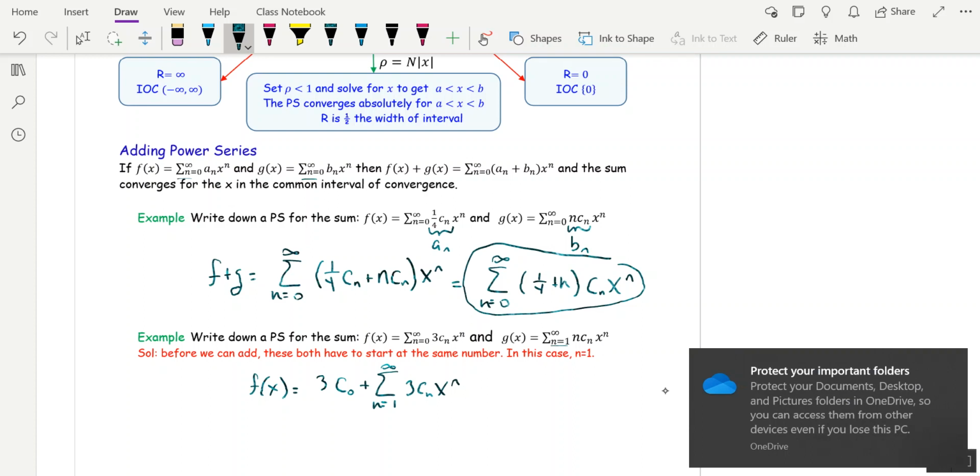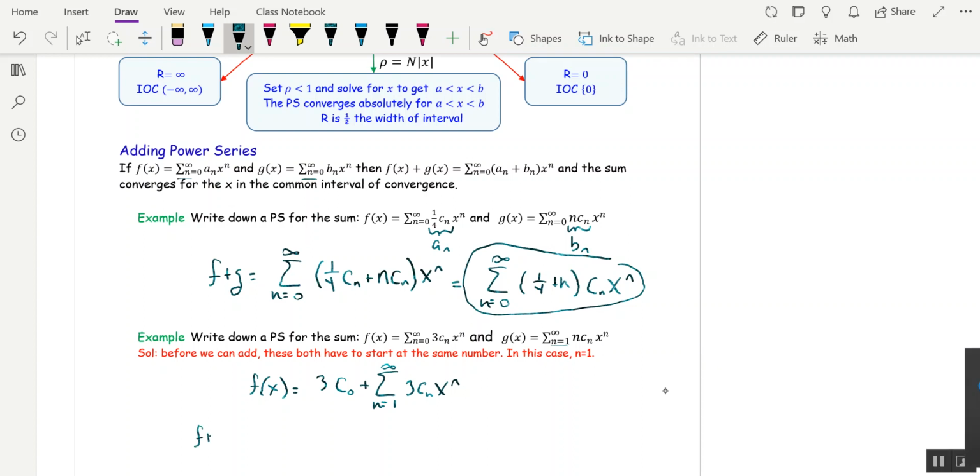So now I can add f plus g. f is 3c naught plus the sum, n equals 1 to infinity, of 3c_n x to the n. And then I'm adding g, which is the sum from 1 to infinity of n c_n x to the n.